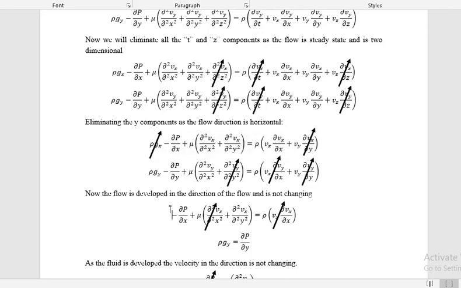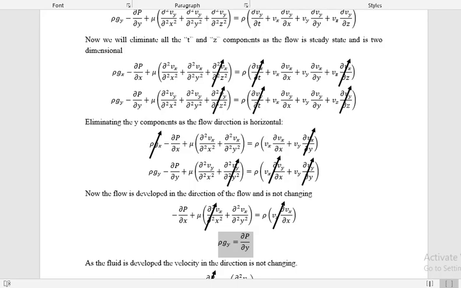After doing so, let's move on to the next step where our flow is fully developed, meaning the velocity v_x and its double derivative will be 0, and this component is also 0, so hence we get this equation for rho. This is for the x equation, meaning we have obtained it from here, and for the y direction we have obtained this equation.